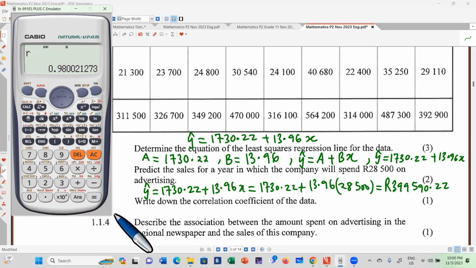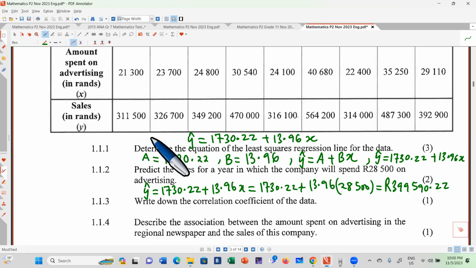Right, we can see that the correlation coefficient that is required is R equals 0.98002.